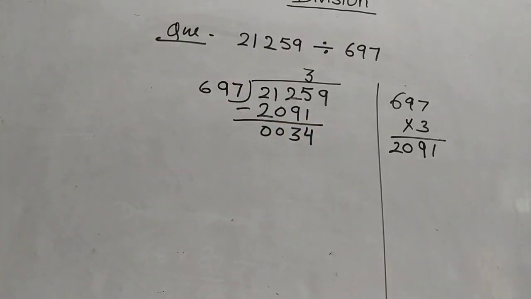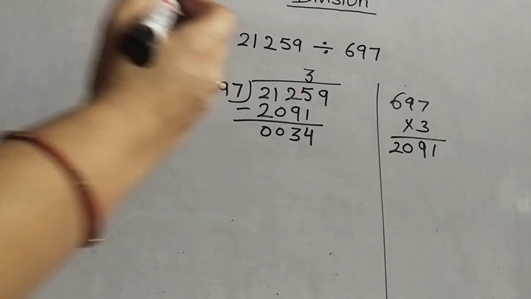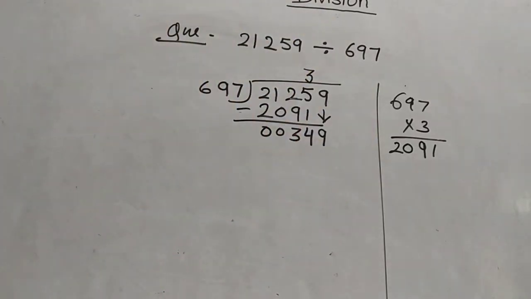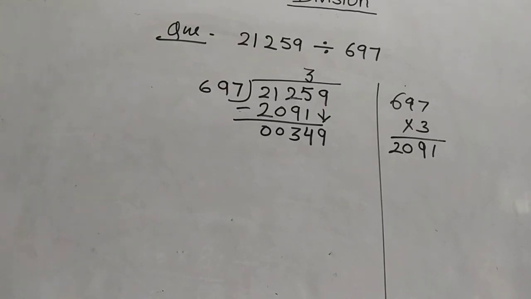Now let's bring the next digit down. Now the number is 349. Now in this condition, 349 is smaller than 697.